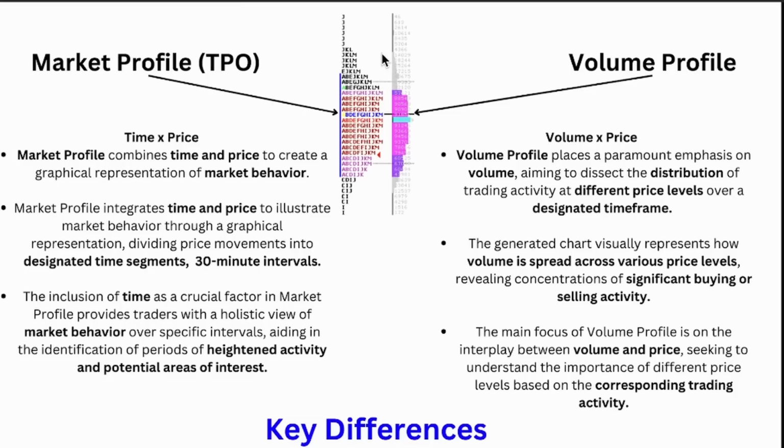Market profile is based on time price opportunities, those 30-minute interval blocks that we've just been observing when we studied auction market theory. Volume profile is much simpler, and it places the main emphasis on volume, aiming to dissect the distribution of trading activity at different prices over different time frames. What is the problem here?